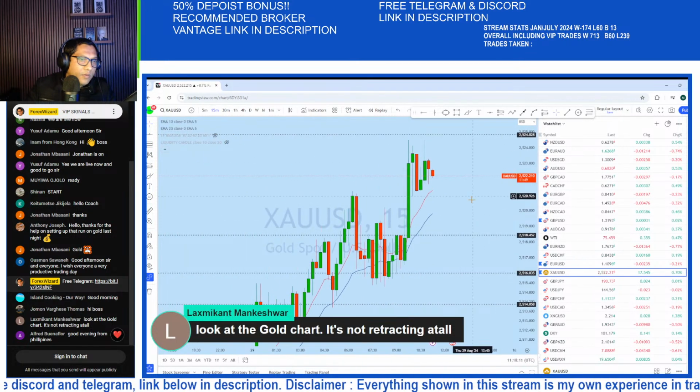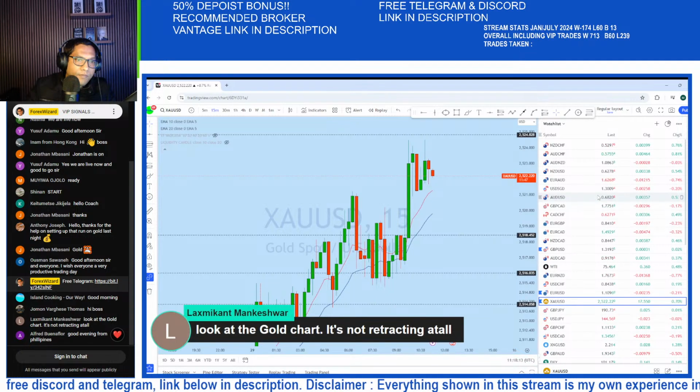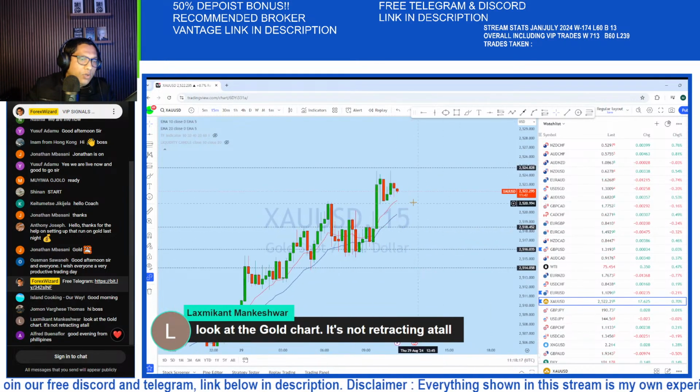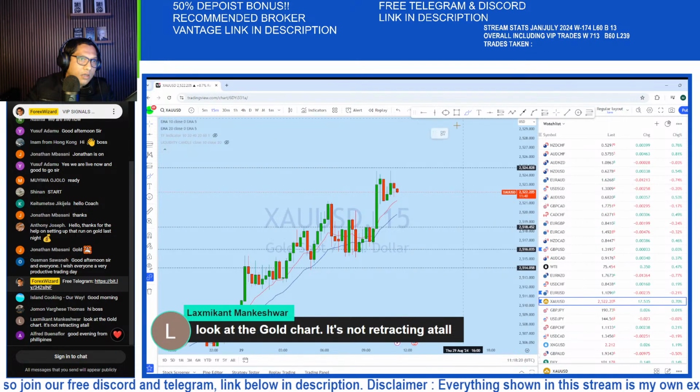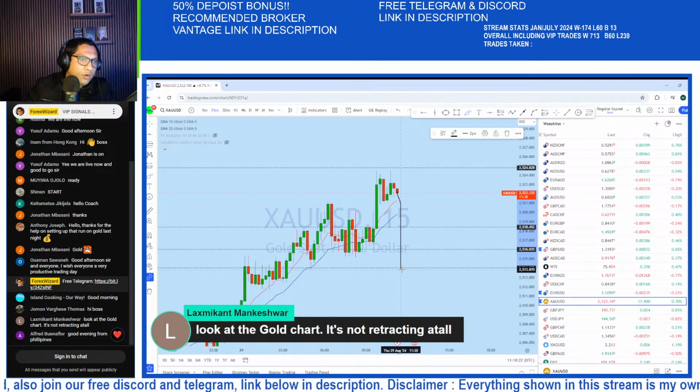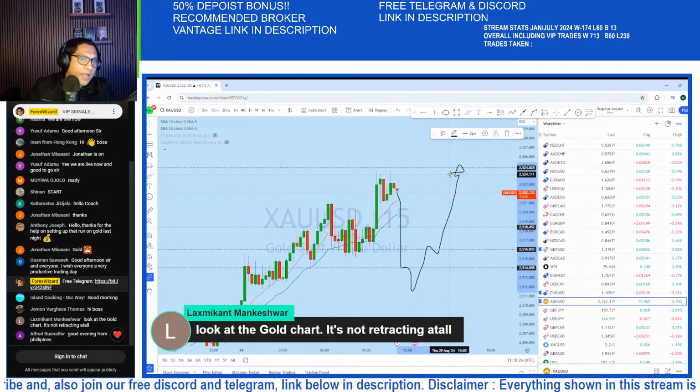From the 15 minutes, I think we can expect a potential drop here to the support or even breaking below before it bounces back to the upside.